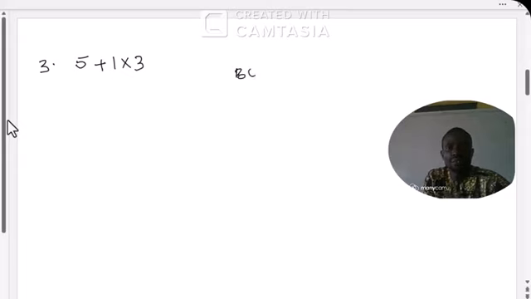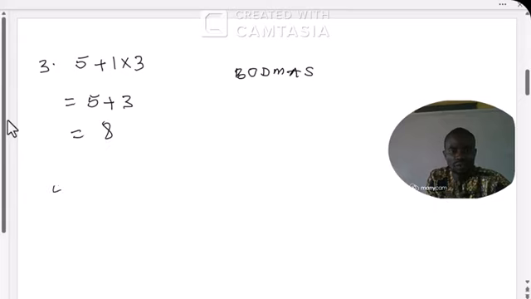BODMAS. You have addition and multiplication. So multiplication first. It's going to be 5 plus, 1 times 3 is 3. So that equals 8. All right.